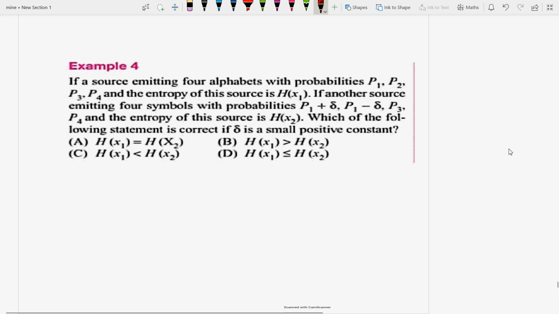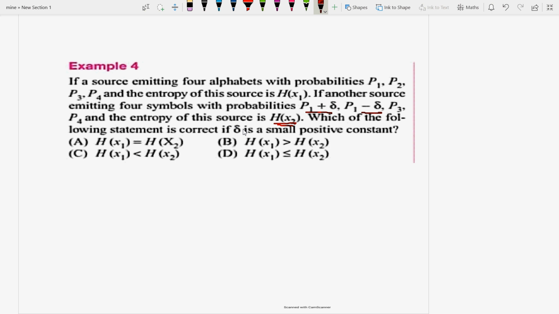Next question: a source emitting four alphabets with probabilities p1, p2, p3, p4 has entropy H(X1). Another source emitting four symbols with probabilities p1 plus delta, p1 minus delta, p3, p4 has entropy H(X2).